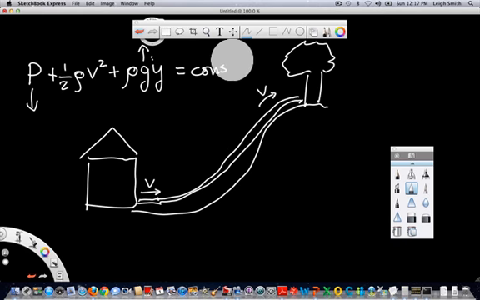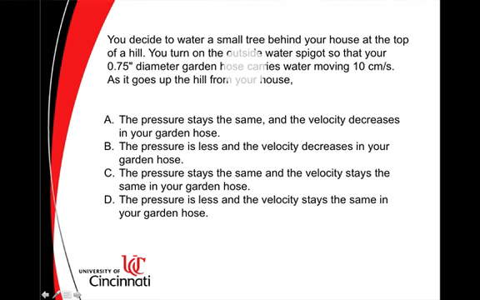At every point the total energy is a constant because you don't have any energy losses. So as you go up the hill from the house, the pressure is less, but the velocity stays the same. And so the only one that matches that is basically C. As the gravitational potential energy increases, the pressure has to decrease, but the velocity always stays the same because water is incompressible.